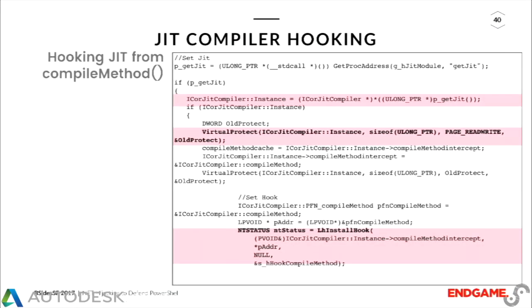So what does that look like? This is how you would use something like EasyHook to hook the actual compile method. From there, you can recompile IL code on the fly and push it in memory as it's happening. You can do all that as soon as it starts JITting.